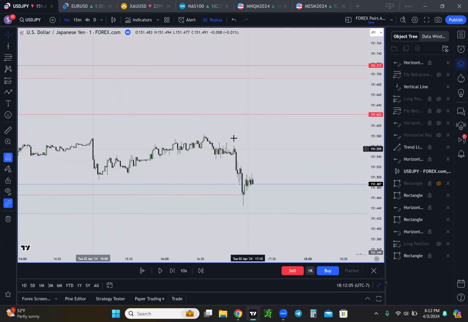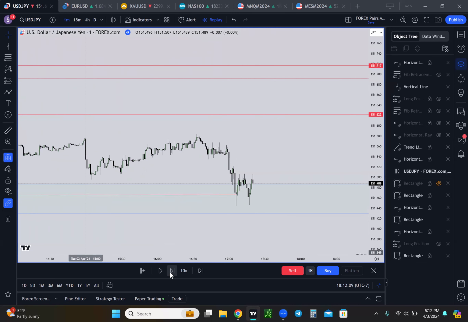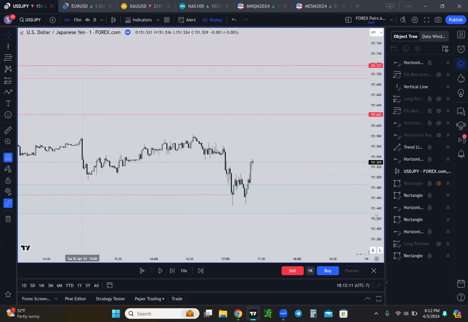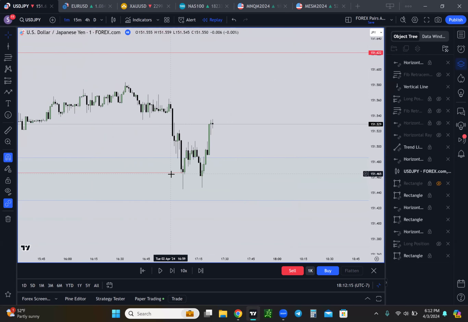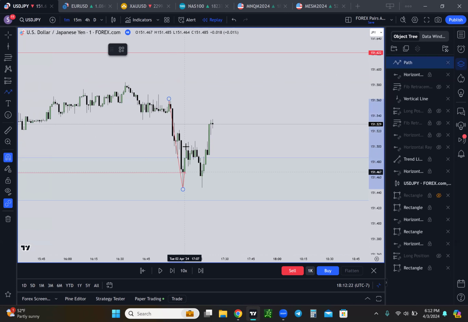So this is what it looks like on the 1 minute chart. And here's how it plays out. Okay, now look what we have here. Look very closely. Price is below that 15-minute low, and it has formed a what? Let me draw it out for you. A W2 formation.